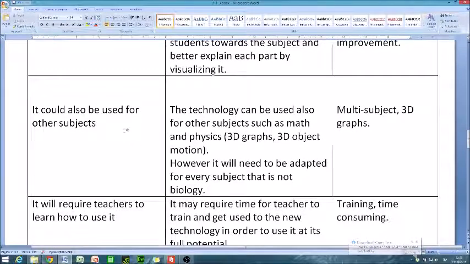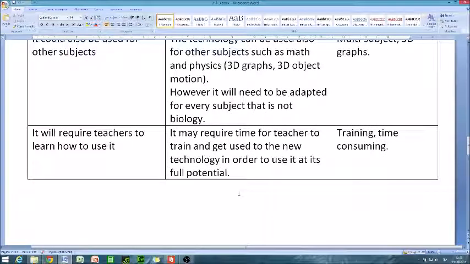This technology indeed can be used for other subjects such as math and physics through the visualization of 3D graphs and 3D objects in motion. However, it will need to be adapted for every subject that is not biology, as right now it's used only for biology. Some words are again multi-subject and 3D graphs.